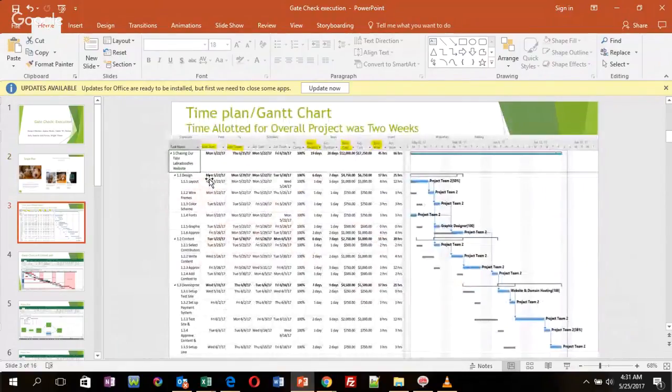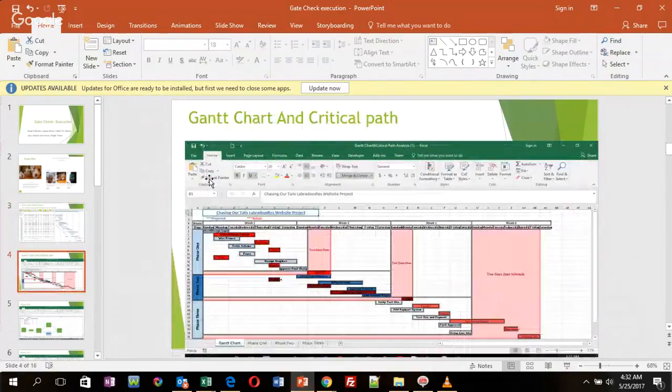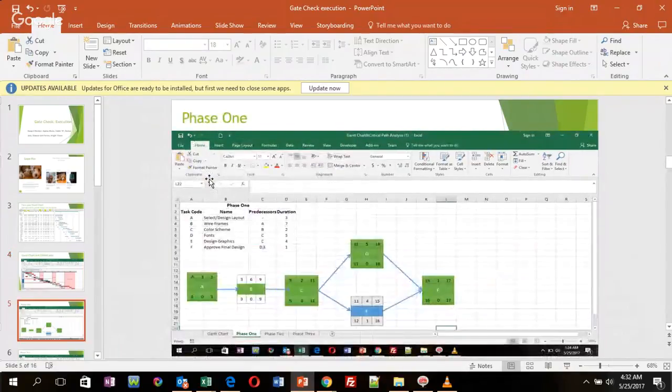And we have our Gantt chart, that's our timeline, and the peak time in which we used to execute this project. The total time that was used for this project was 2 weeks. We also have a critical path with our Gantt charts.